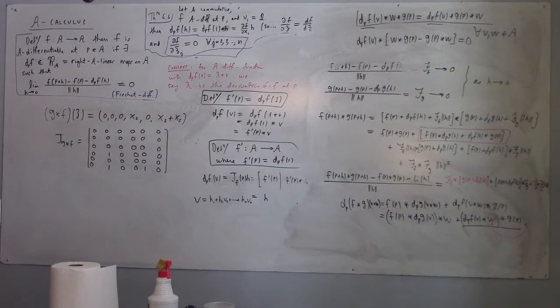Then you say as G is in the algebra, you can take the W out, and then as F is, you do the same thing with that, the real chain rule.